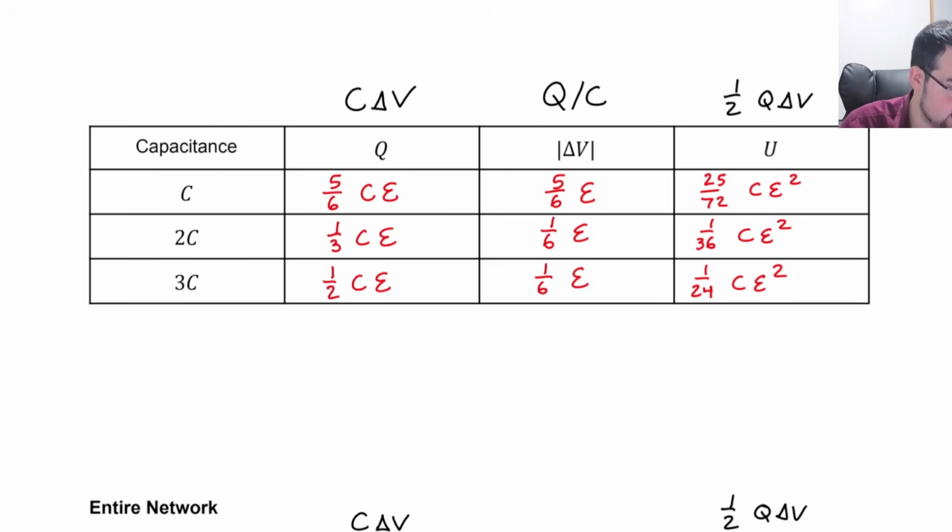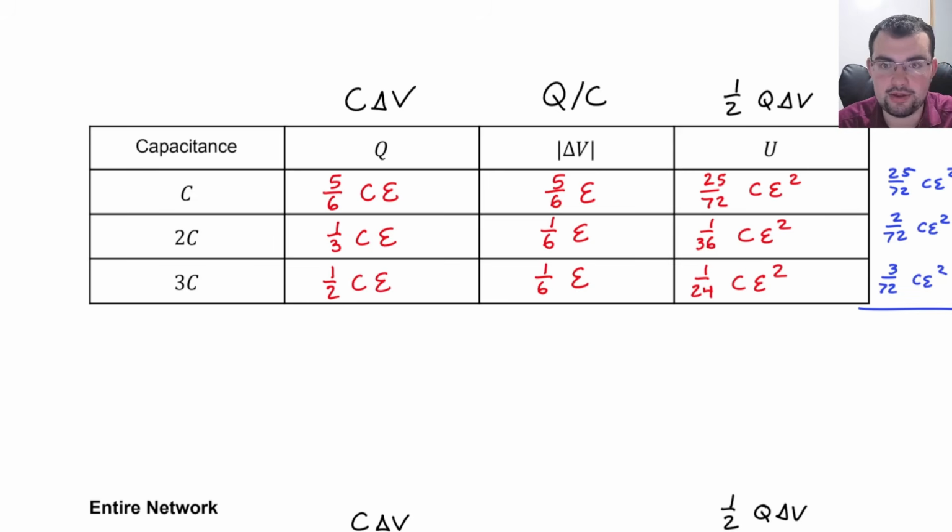Oh, I think all these actually go into 72, right? Yeah, they do. 36 times 2, 24 times 3, yeah. So this number is actually 2 over 72. And this number is actually 3 over 72.